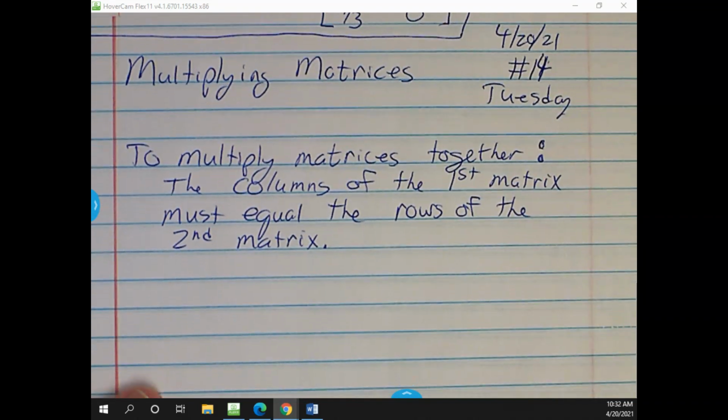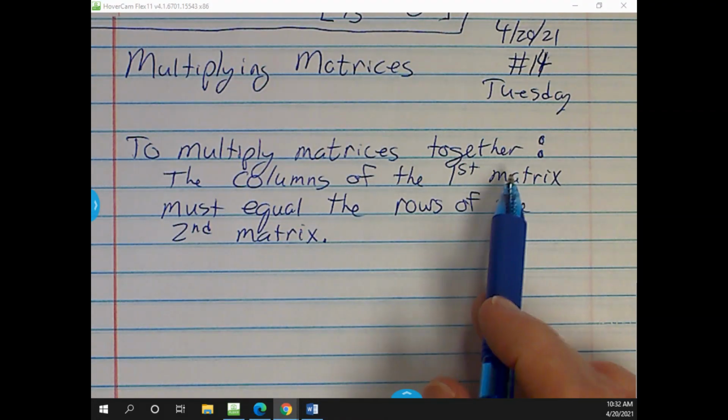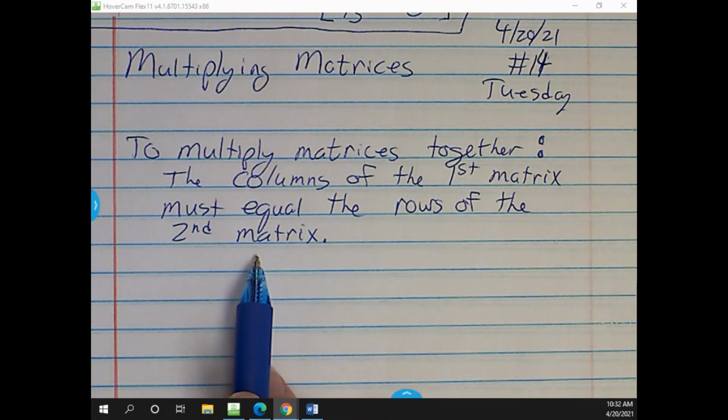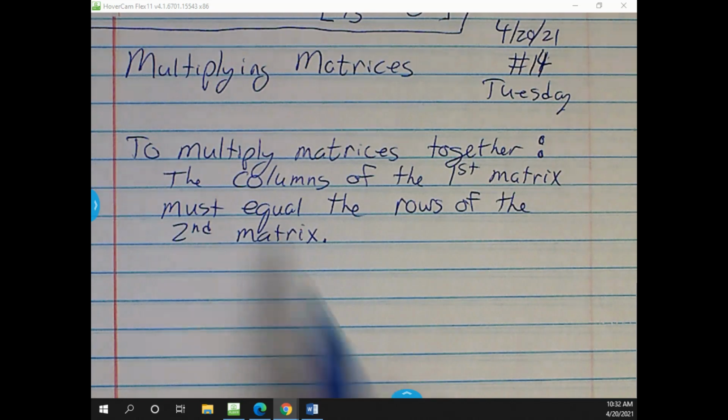Okay, so that's the very first thing you've got to check. You figure out the size of the first matrix and the size of the second matrix. The one thing that has to be the same is that the columns in the first matrix must be the same amount as the rows of the second matrix. If those two things don't work out, then you cannot multiply these two things together.